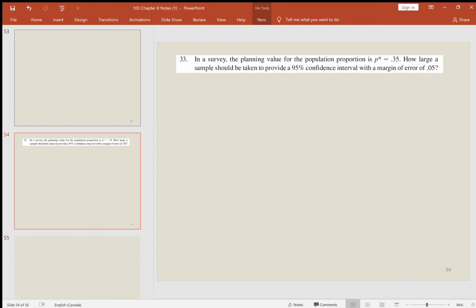Okay, so we know that n is equal to z alpha by 2 squared times p star times 1 minus p star divided by E squared.